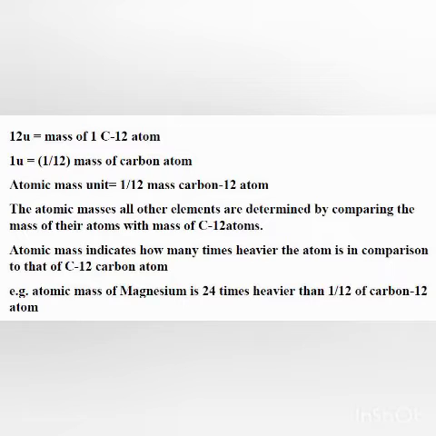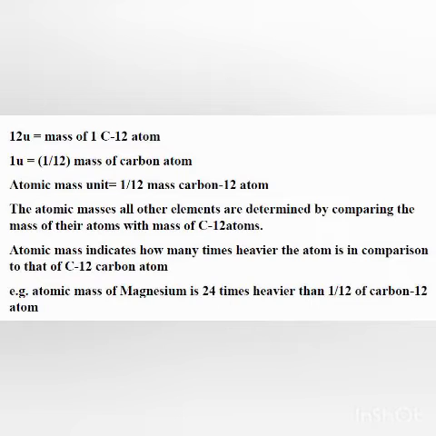In case of atoms, as I told you in the beginning, the mass is not measured in grams or in kg, because we get very big figures which we cannot use for calculations. So it is measured in atomic mass unit and it is written as U. So if 12 units, that is 12 atomic mass units, is the mass of one carbon-12 atom, then 1 unit will be 1 by 12 of the mass of a carbon atom.